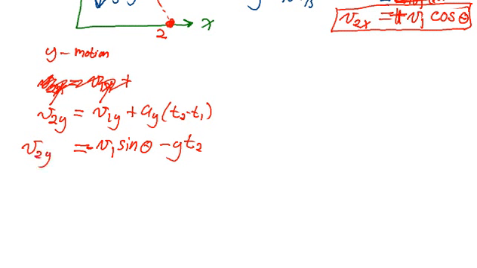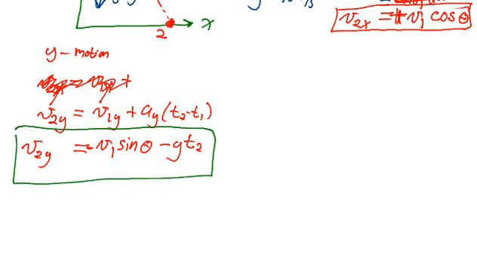I will just put a box around that equation at the moment because I can't really do anything with it because I don't know the value. Oh, I do know the value of t2, but I haven't found out the value of v1 yet. So just like with the x direction, we still need to find the initial speed of the rock that Galileo throws before we can find any of these final ones.